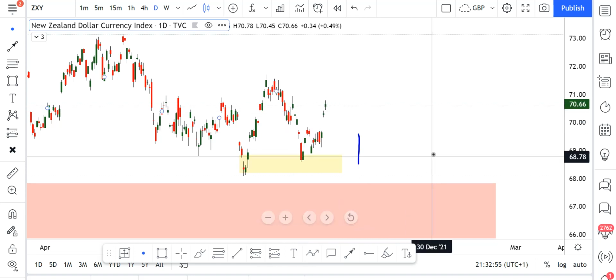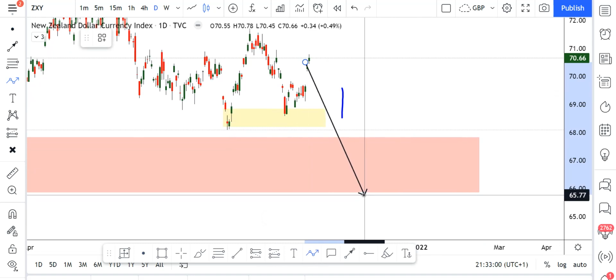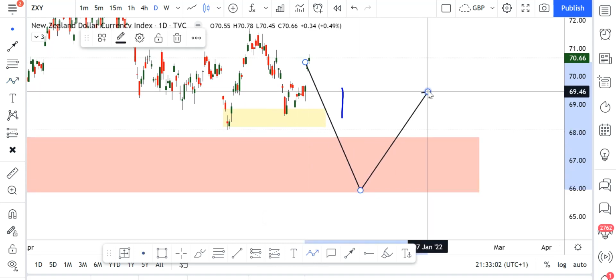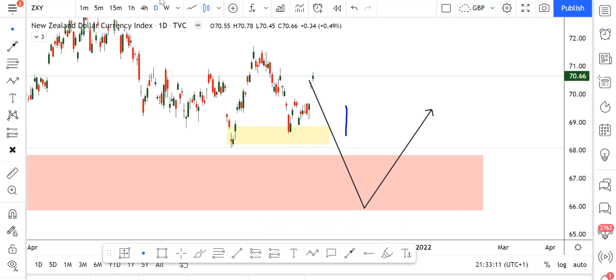Why is this possible? This is possible because we are already getting close to a weekly demand zone. And since we expect that price is already bullish, we expect that we may tap into this weekly demand zone before moving to the upside.